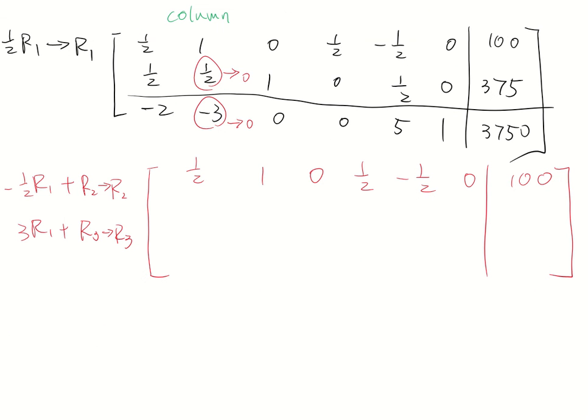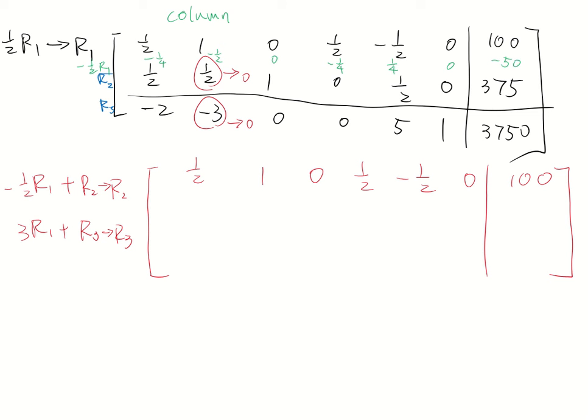Okay, I will make a cheat sheet here. This is R2, this is R3, and I'm going to write negative 1/2 R1 over here. So that will be negative 1/4, negative 1/2, 0, negative 1/4, positive 1/4, 0, and negative 50.